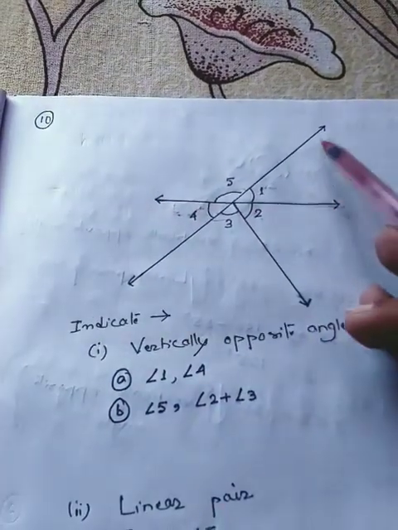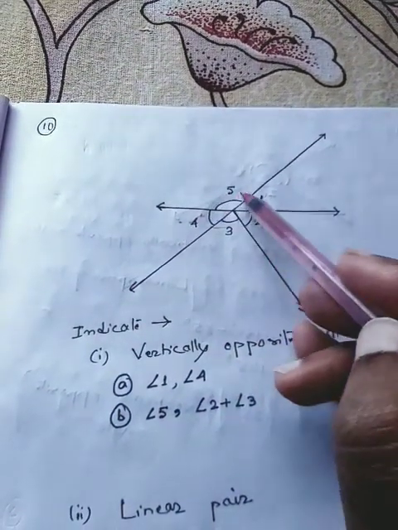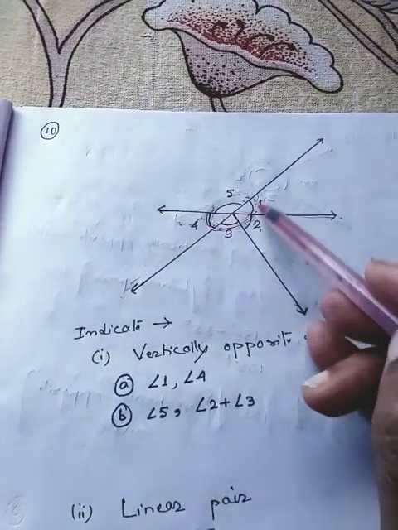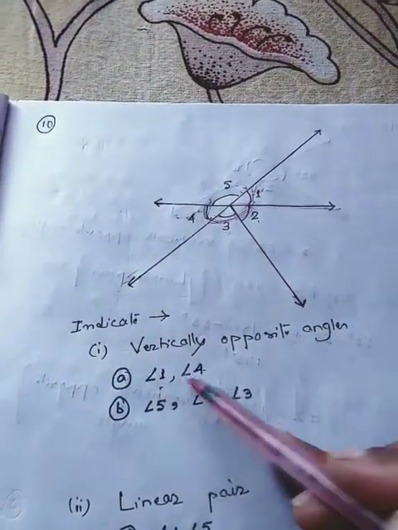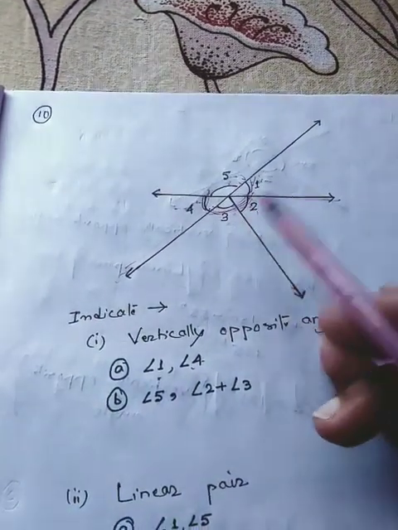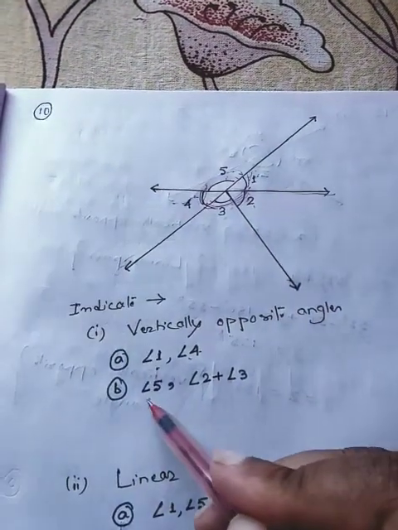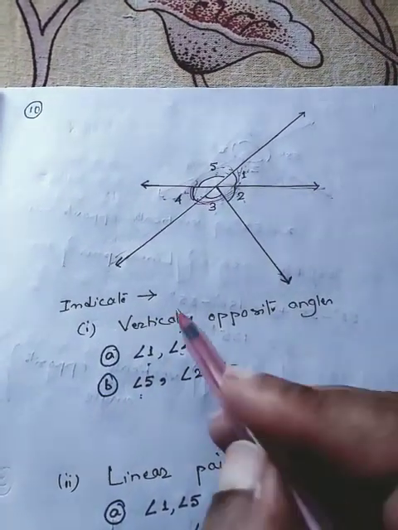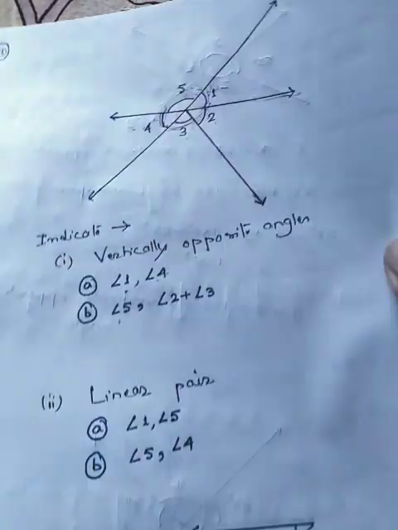See, these two lines are intersecting. That means this angle and this whole angle would be equal to each other, and this angle would be equal to that one. So 1 and 4 are vertically opposite angles, and 5 and the sum of 2 and 3 are vertically opposite to each other. So these are the angles which are vertically opposite to each other.